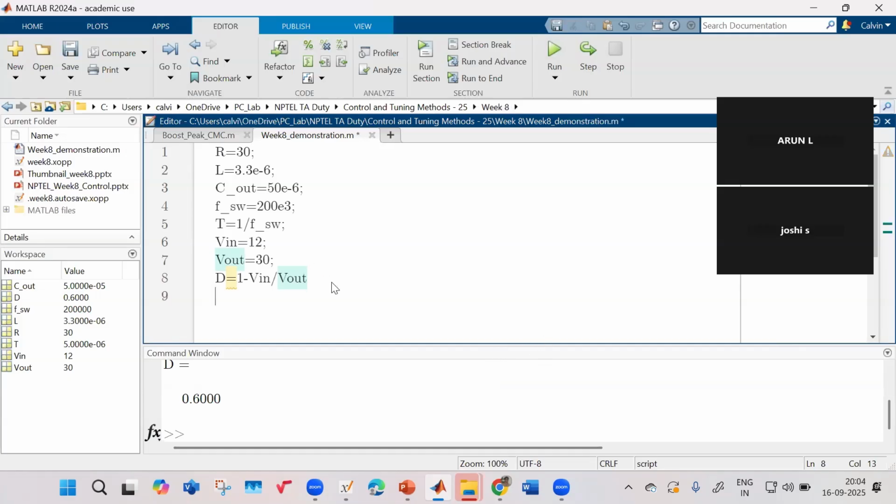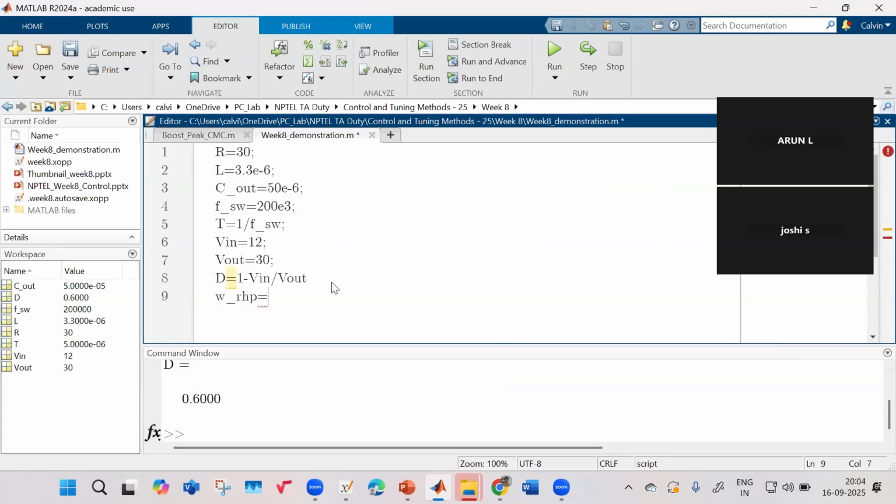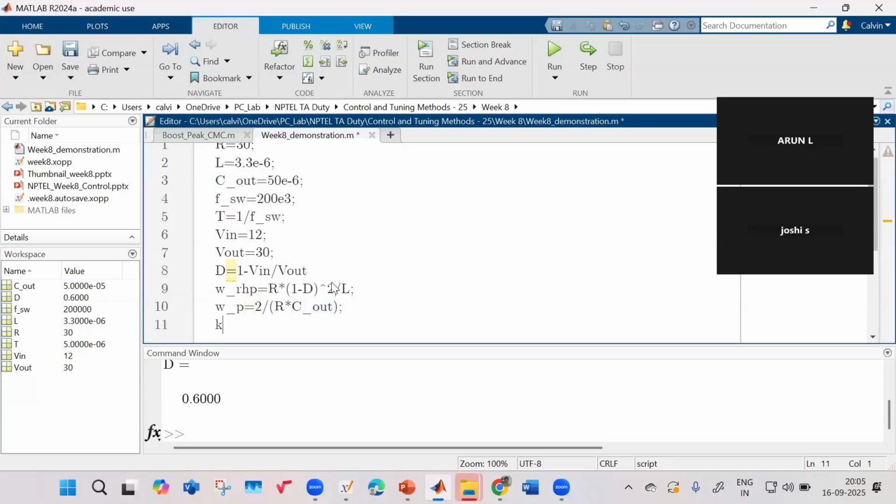Now you have to get your omega RHP. Omega RHP is R into (1 minus D) raised to 2, divided by L. Your omega pole is 2 upon R into your output capacitor C out. Your DC gain is R into (1 minus D) upon 2.